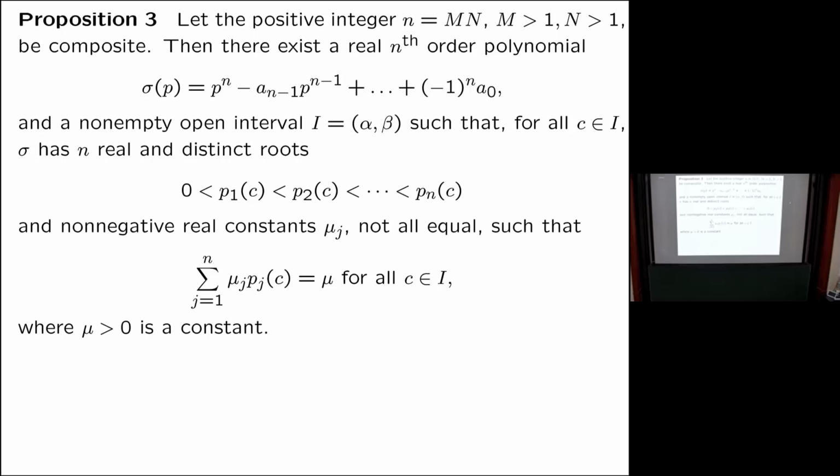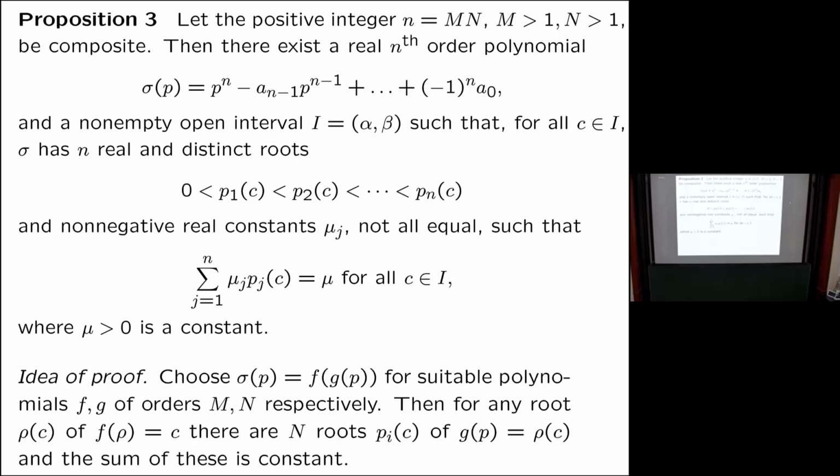So that shows that you have a problem. It's not a trivial thing to prove that the non-degeneracy condition is not true in general for polynomials.